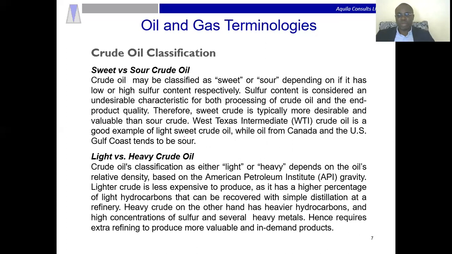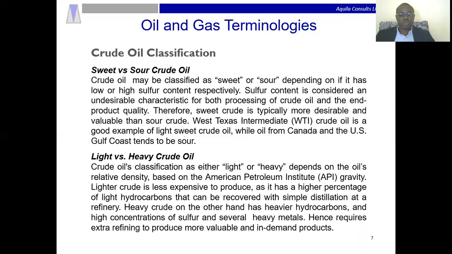So let's quickly look at the difference between sweet and sour crude versus light and heavy crude. For sweet and sour crude, this is determined by the sulfur content in the mixture. Crude with high sulfur content is referred to as sour crude, while that with lower sulfur content is referred to as sweet crude.